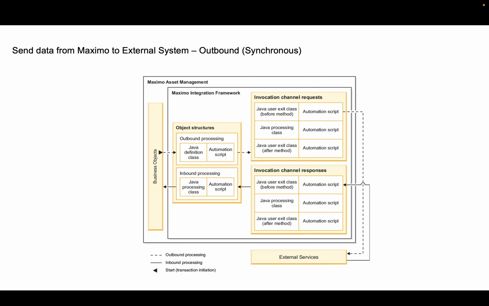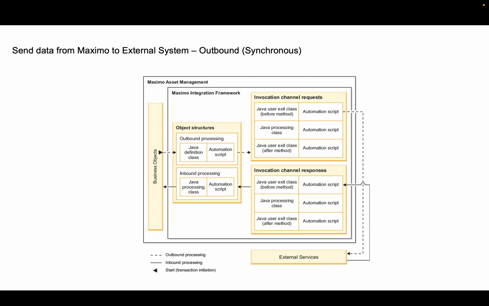So once you send the SR in our example, you will be getting a response back, and that will be processed by the invocation channel again, and you can use this response and save it if you like anywhere in Maximo to showcase that the transaction has been completed successfully. In case of any error, you can also process the response. In case the external service is giving us an error, then you can also process it, and then you can showcase it to the user on the Maximo UI.